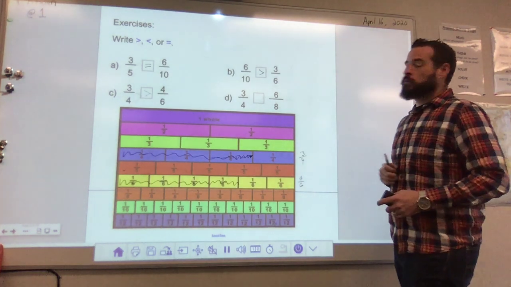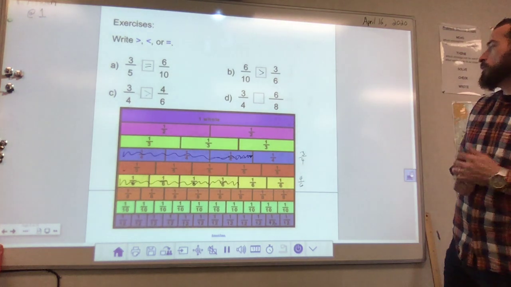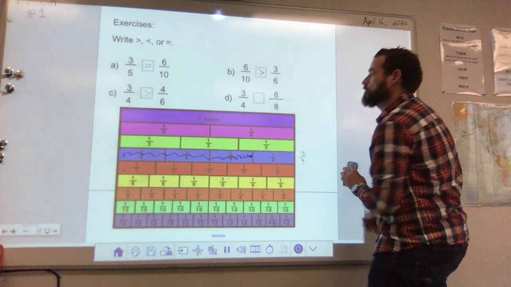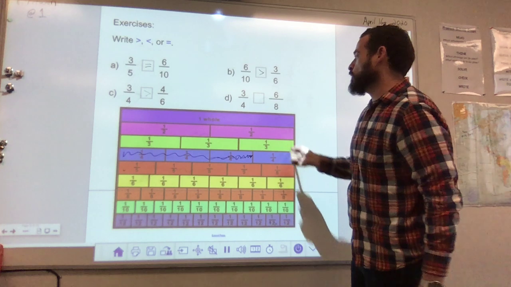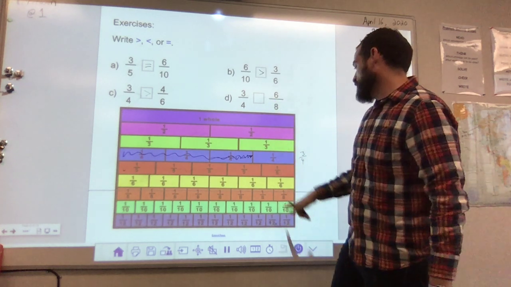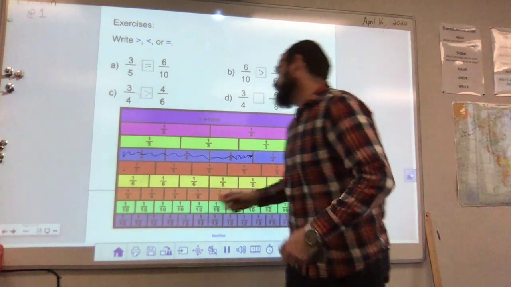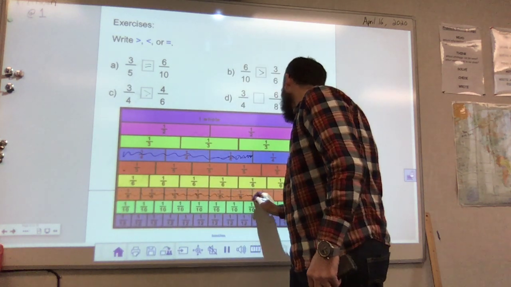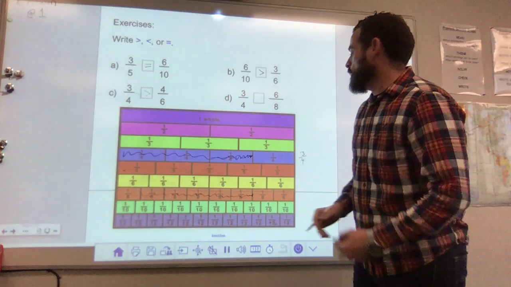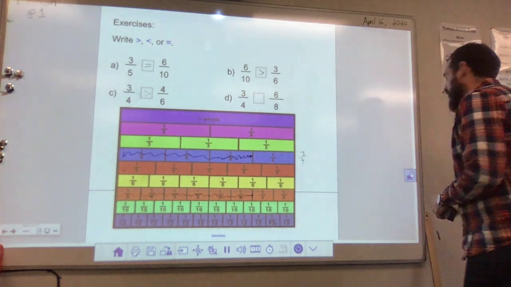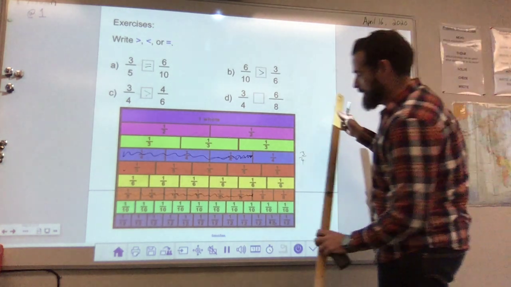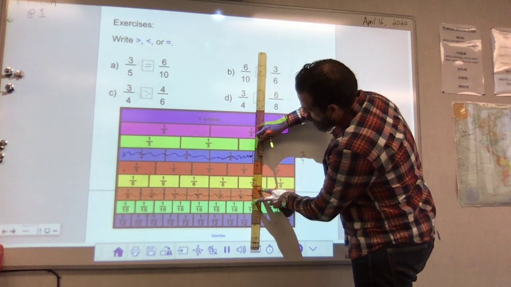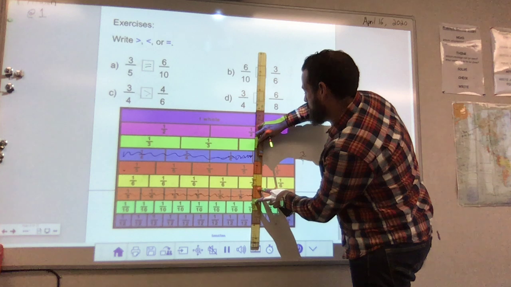And we've got here on D, finally, 3/4 and 6/8. I've got my 3/4 already colored in. I'll take 6/8, so I'll go down to my 8ths. I need to color in 1, 2, 3, 4, 5, 6. Let's break out the trusty meter stick and see, but this looks like this could be another fraction that's equal.